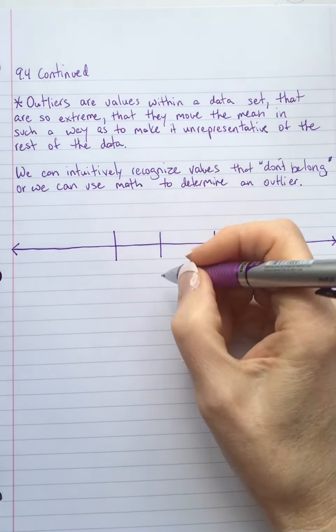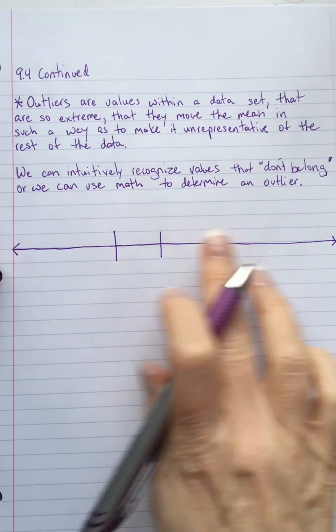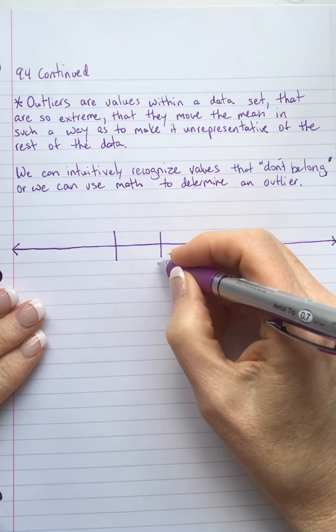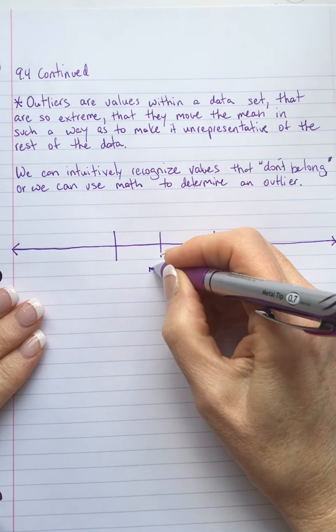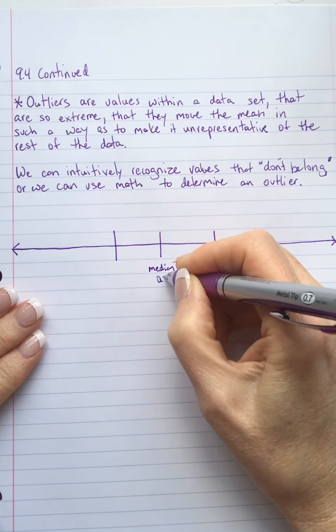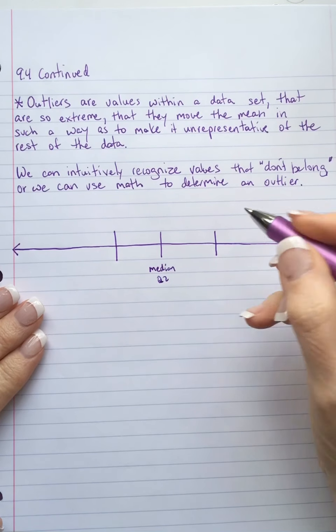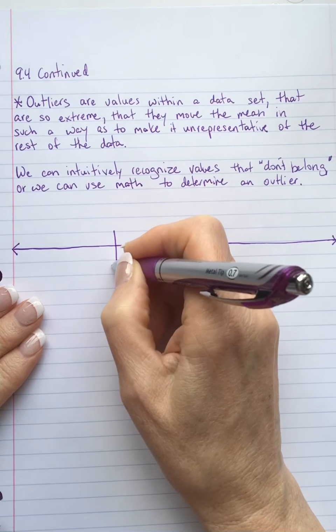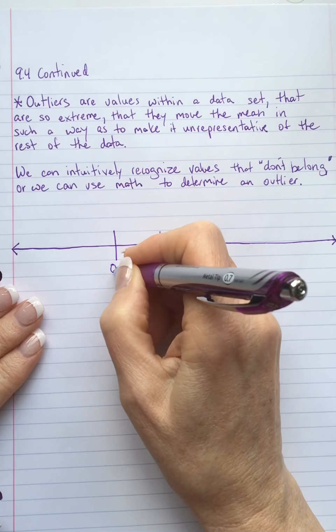Okay, so imagine that this is a number line, and this line in the middle represents the median, also known as Q2. And this is Q3, quartile 3, and this is quartile 1.